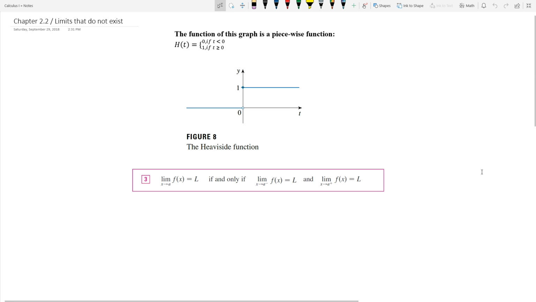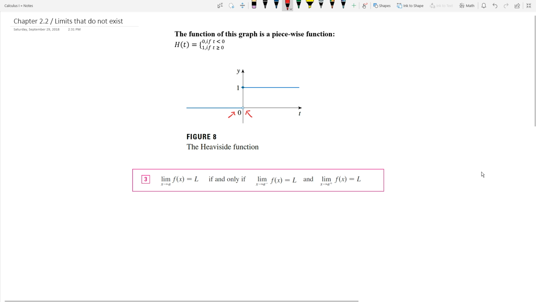So in chapter 2.2, we're going to look at limits that do not exist, and a couple of things to keep in mind. As we mentioned before, we can approach a certain point, and in this case, we are approaching zero, the time zero.